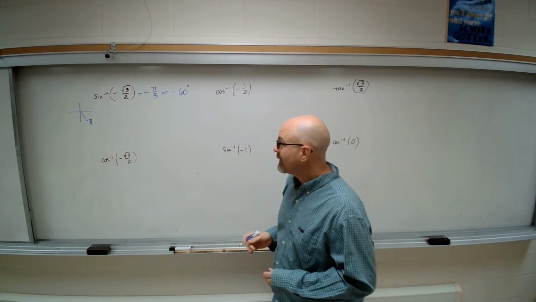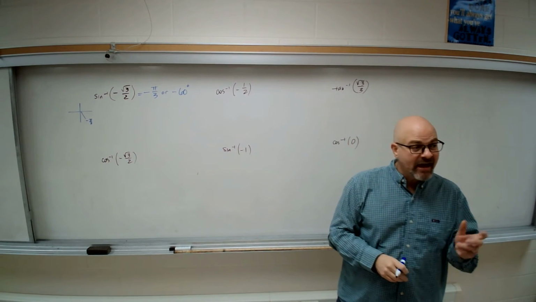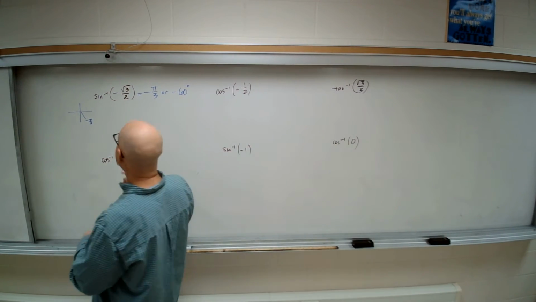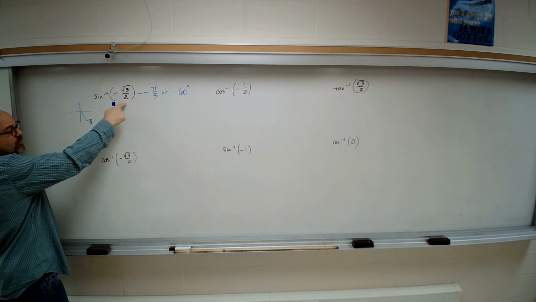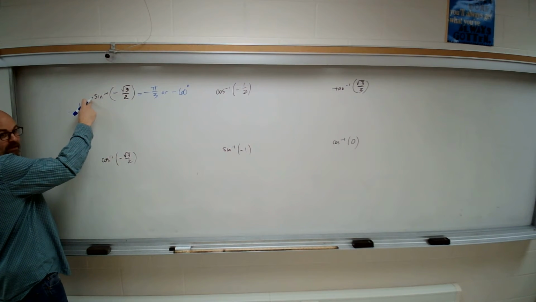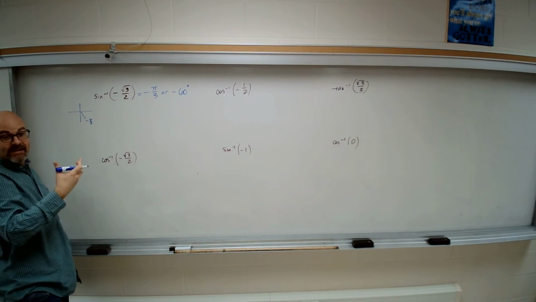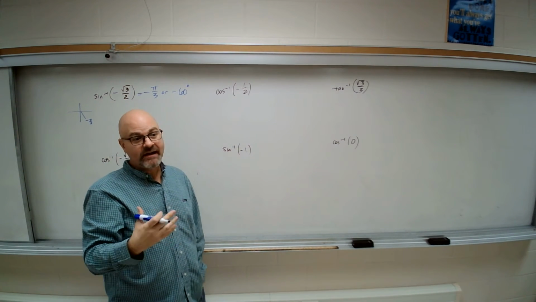Now, a little trick here is since sine is either in the first or the fourth quadrant, notice that we said if you had radical 3 over 2 here, it would be pi over 3, correct? If it's negative, it's negative pi over 3. That happens every time for sine and tangent.